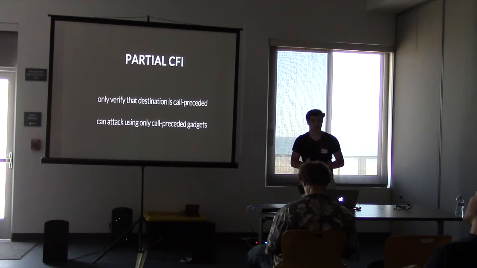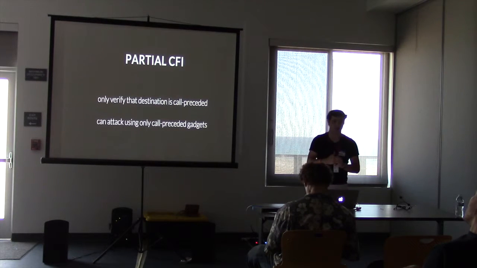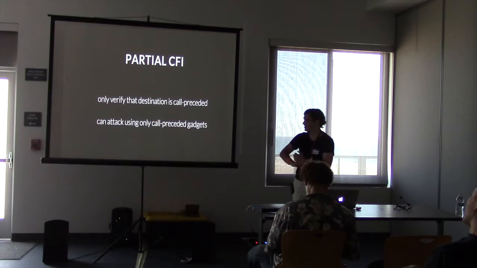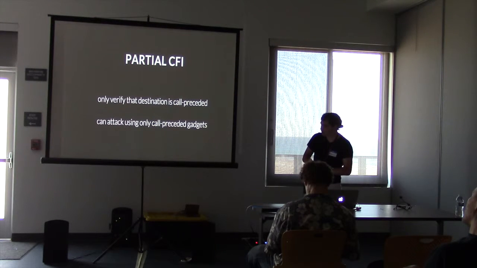Well, it turns out there were actually 3 different papers in the last couple of months doing this exact attack and showing it's practical. So they actually performed ROP attacks where all of the gadgets that were used were preceded by a call instruction.